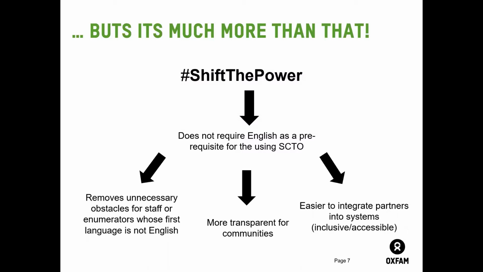In terms of communities, we also think that having the web form in translation and having the app in translation is much more transparent. In most cases where we do data collection, the enumerator will sit down with the interviewee and they'll be able to see the screen of the device that they're collecting the data on, whether it's a tablet or a smartphone.